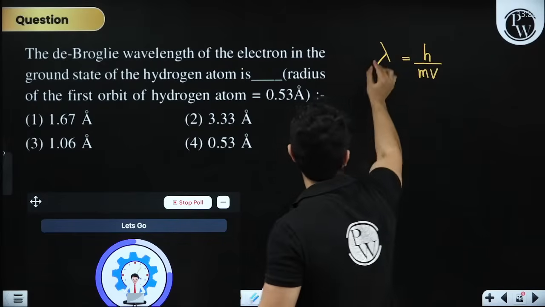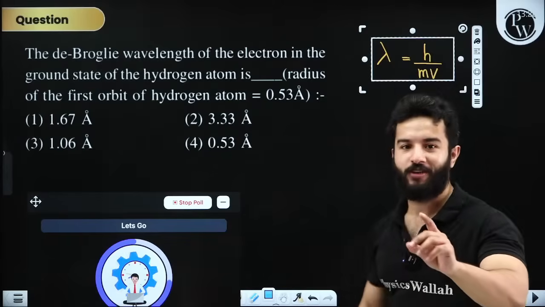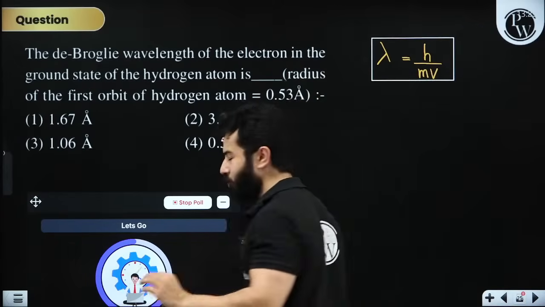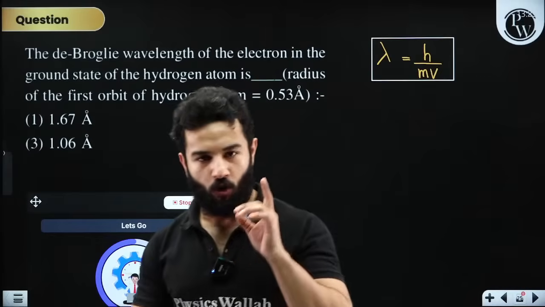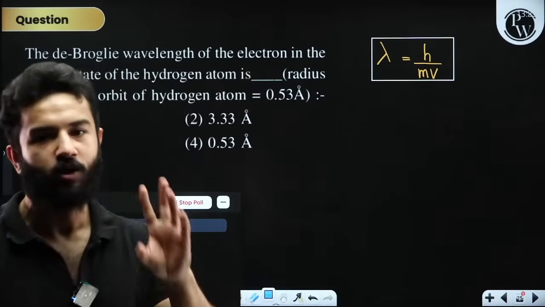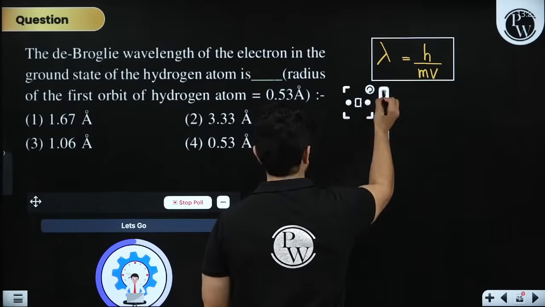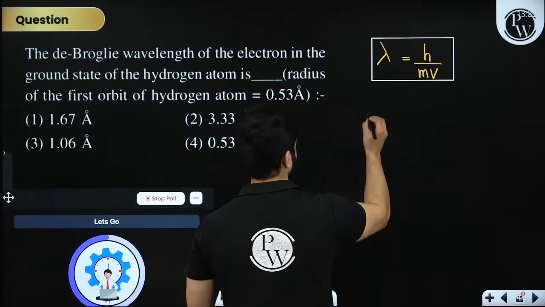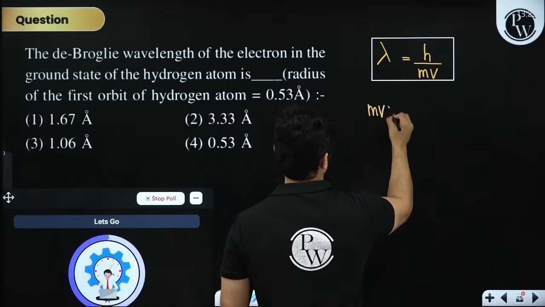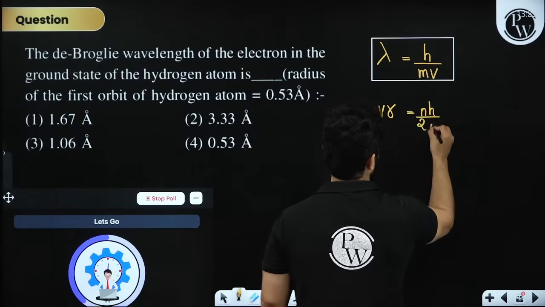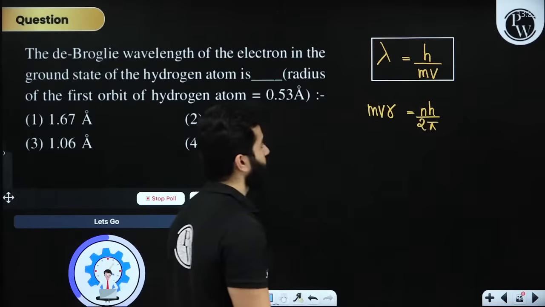And whenever they are going to club de Broglie wavelength with atomic physics, please remember the most commonly used and most helpful postulate is Bohr's second postulate. That is mvr is equal to nh upon 2 pi. nh upon 2 pi. Right?